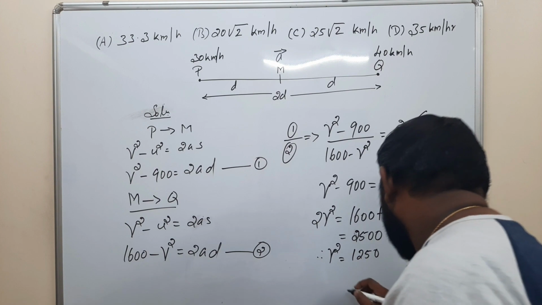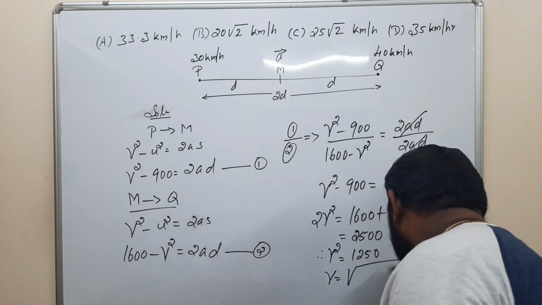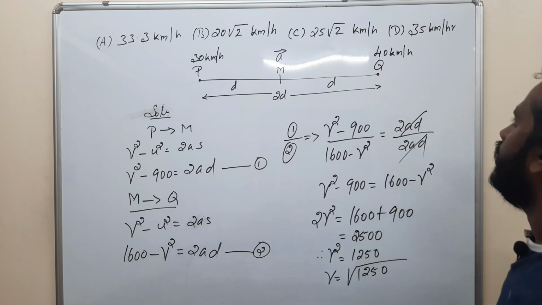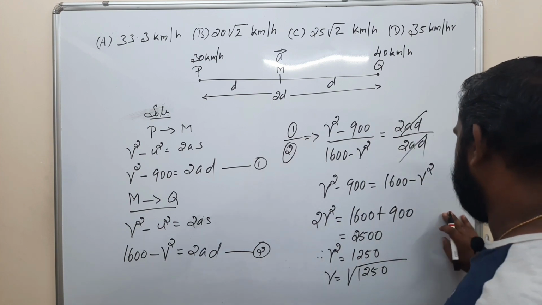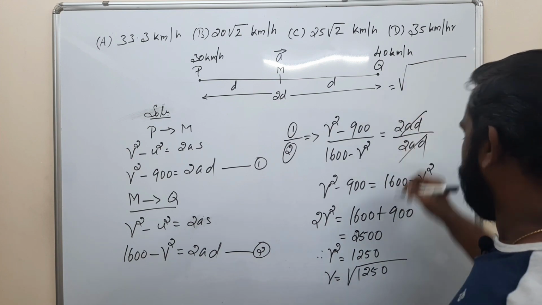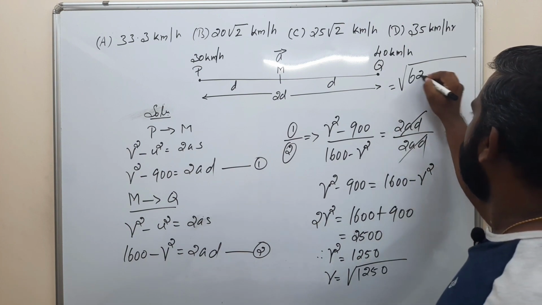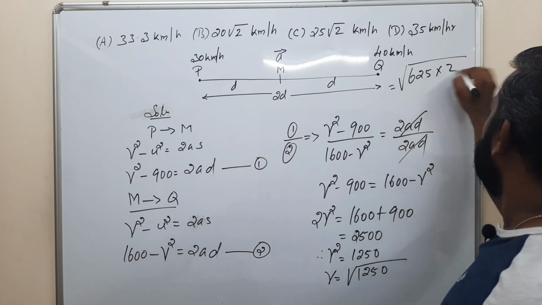So V is equal to square root of 1250. I can write that as square root of 625 into 2.